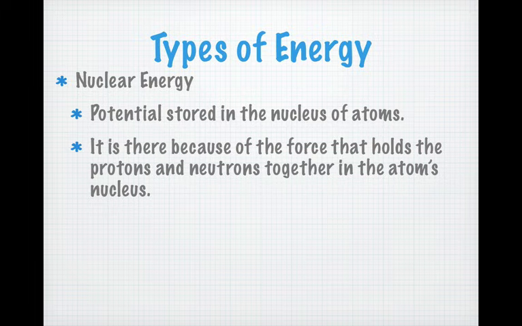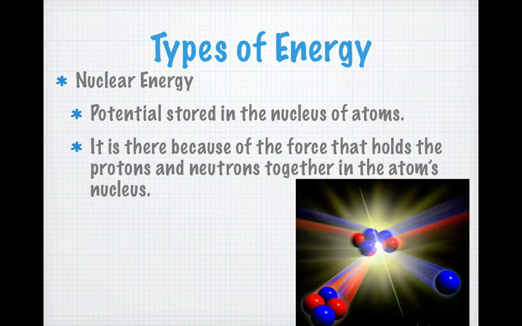So it takes a force to hold them together. And that stored energy is nuclear energy. So here's a diagram or a picture that shows sort of how that energy is released when the nucleus of the atom is split. Some of that energy is released because it no longer has to hold those particles together.